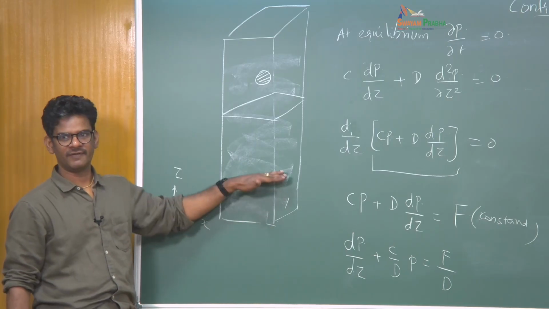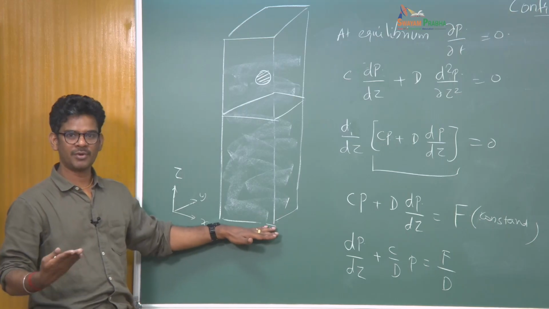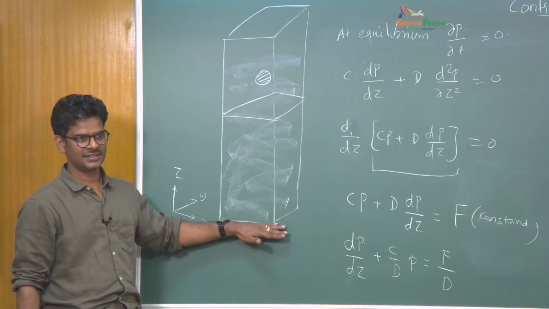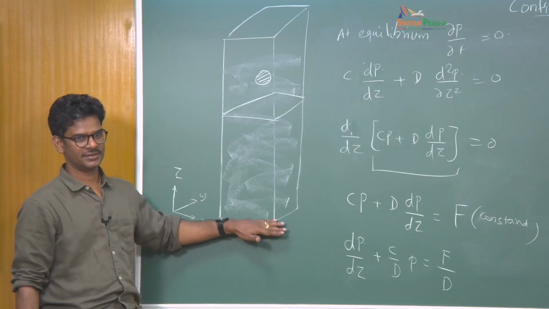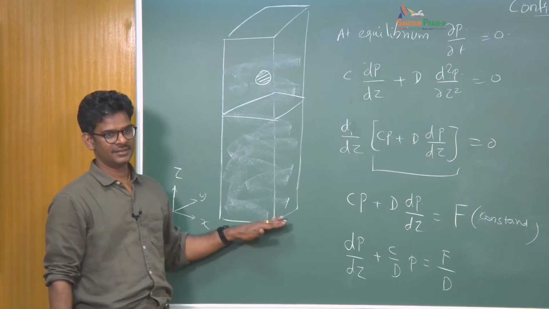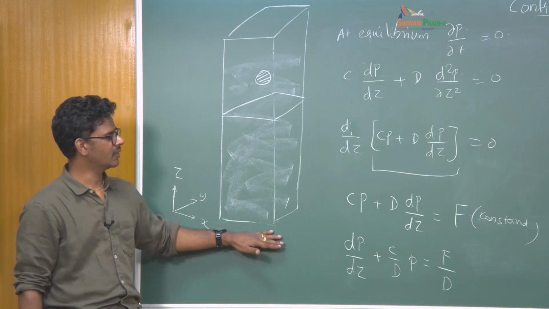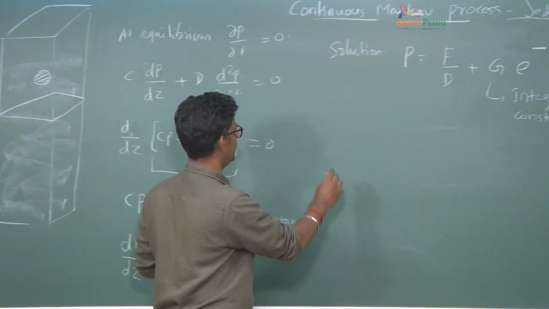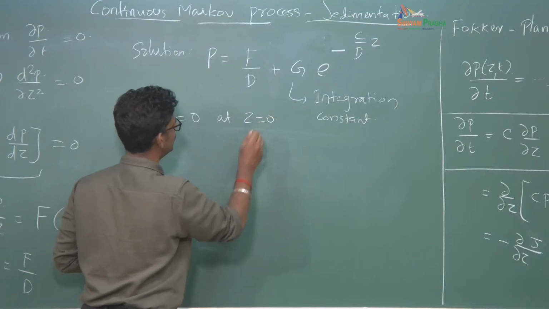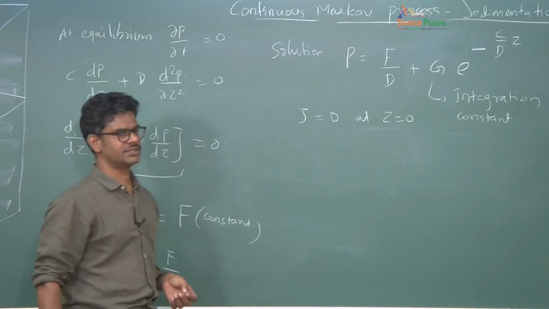It can only get reflected. This is like an impermeable boundary, so the mass flux here is 0. So J is equal to 0 at z equal to 0. I am invoking this boundary condition so I can get one of these integration constants.